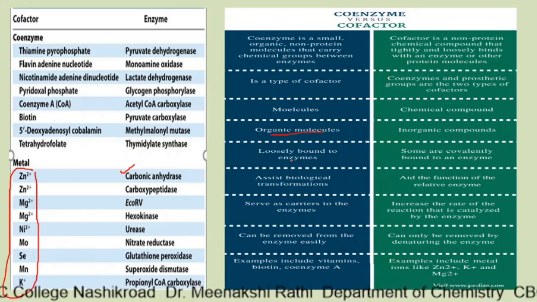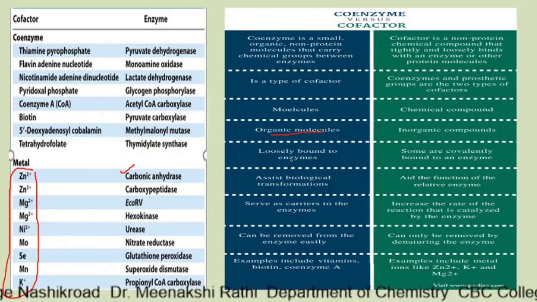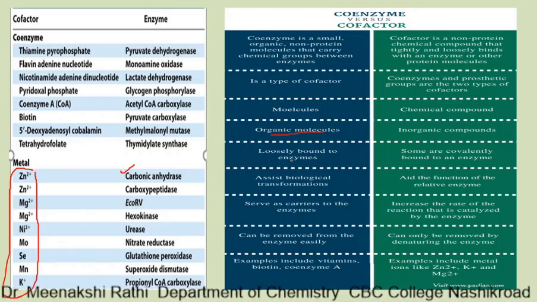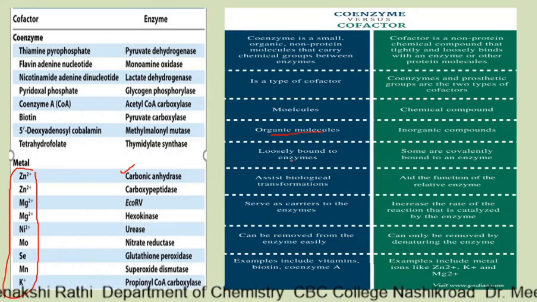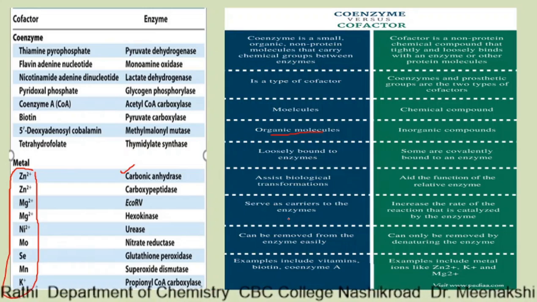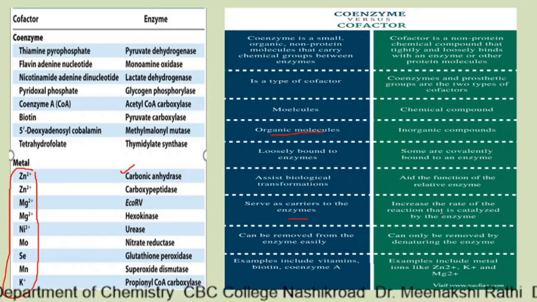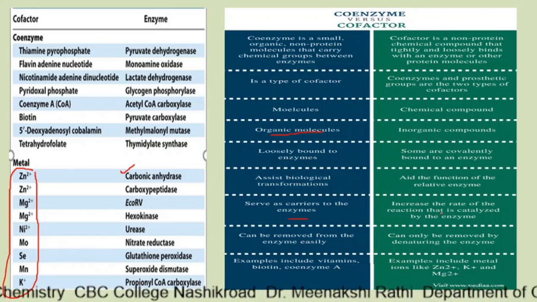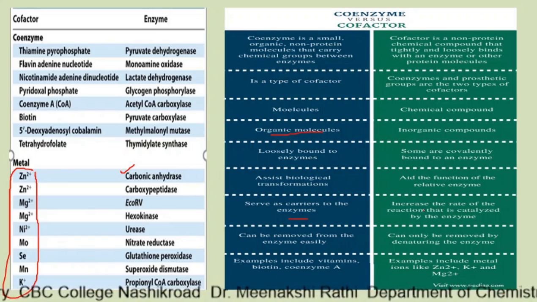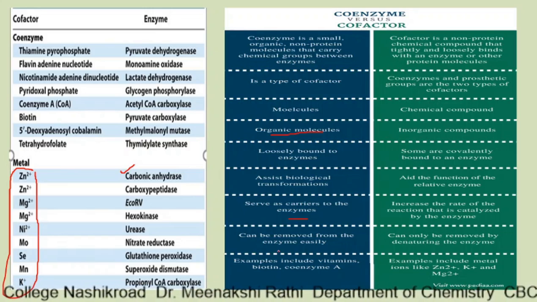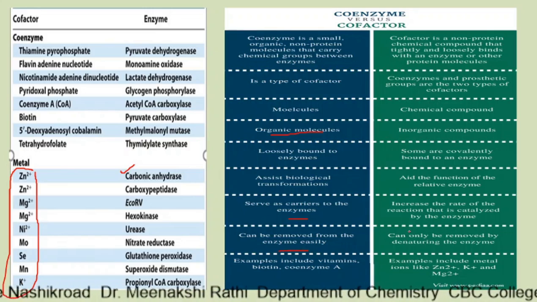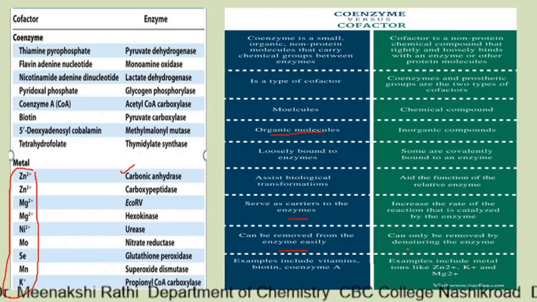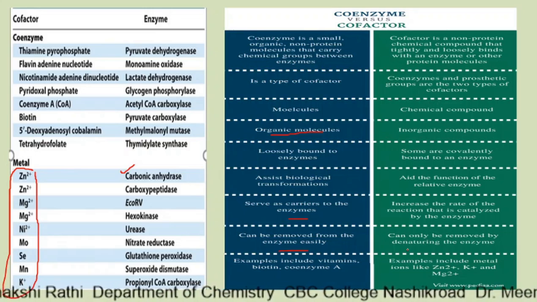Coenzymes assist biological transformation, while cofactors help the catalytic activity of the enzyme. Coenzymes serve as carriers to the enzyme, while cofactors, as I just told you, increase the rate of catalytic reaction. As coenzymes are loosely bonded, they can be easily removed from the enzyme, while cofactors can be removed from the enzyme by the denaturing process.